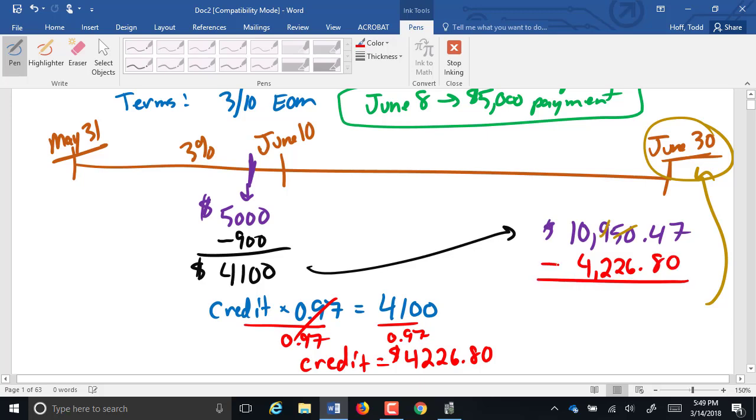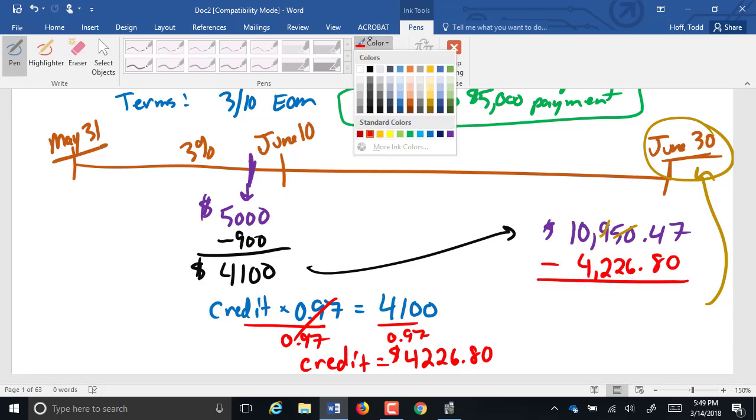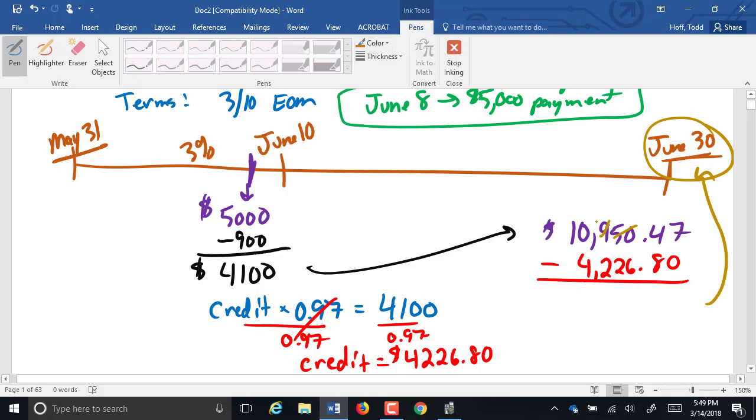So that's what we subtract from that gross invoice. So $6,723.67 is the amount that has to be paid by June 30th.